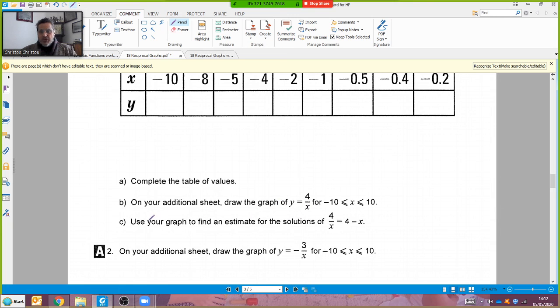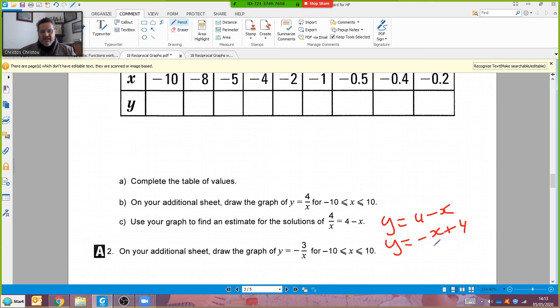Then they want you to use your graph to solve this. Now, clearly, if we've got y equals 4 over x, and that equals 4 minus x, don't be confused. All they want you to do is to plot the line y equals 4 minus x, or if you prefer, minus x, add on 4.